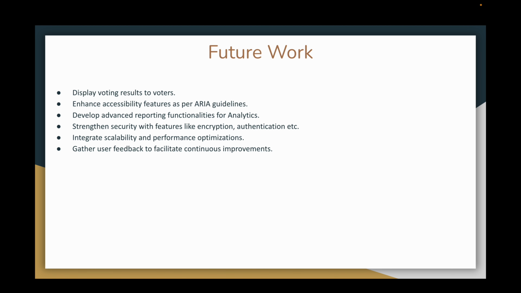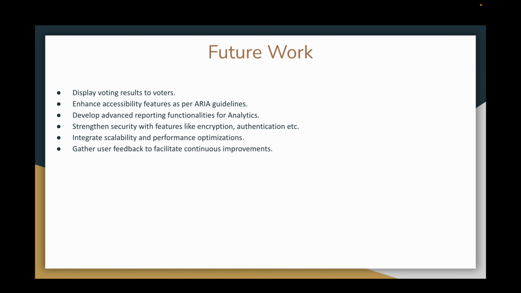What we believe we can do in future is, first and foremost, display the voting results to voters as well. Due to time constraints, we were not able to implement that in the current stage. Apart from that, we could also add accessibility features according to ARIA guidelines. We can have reporting functionalities, stronger encryption and authentication mechanisms.